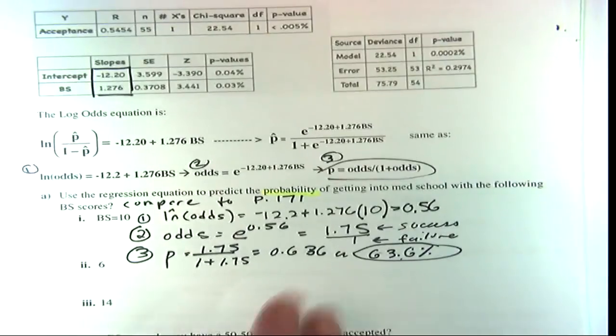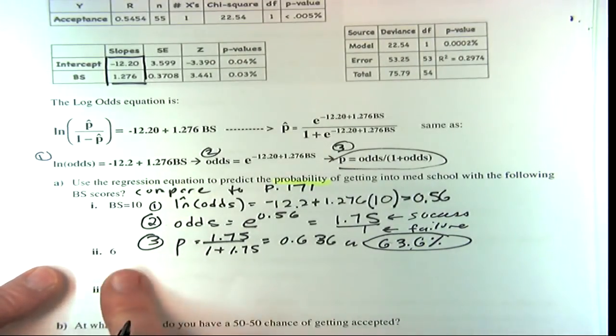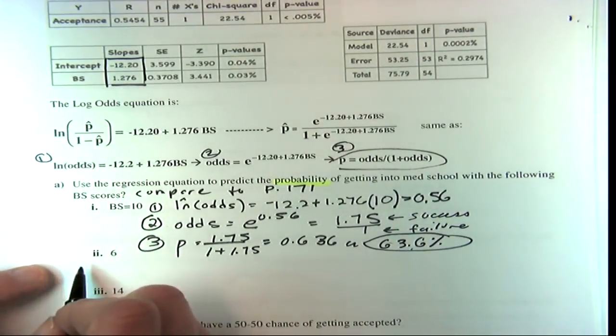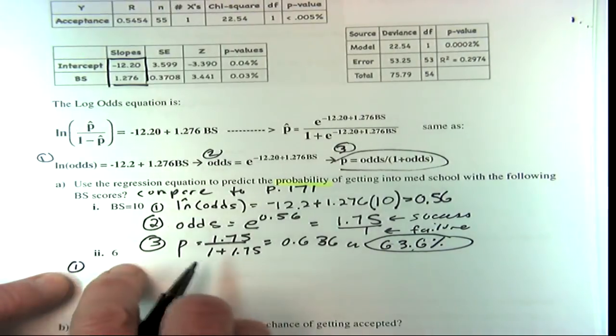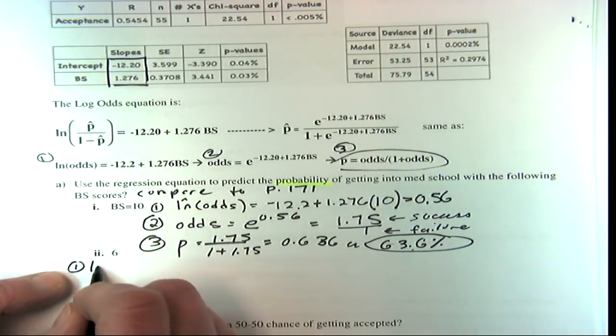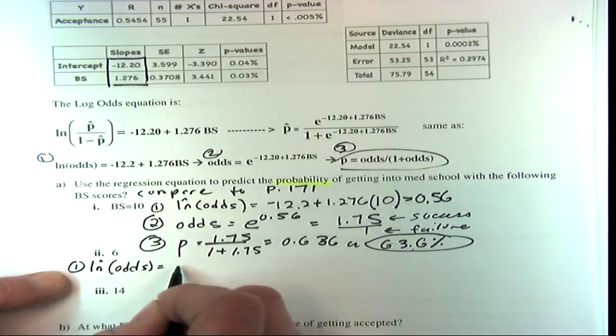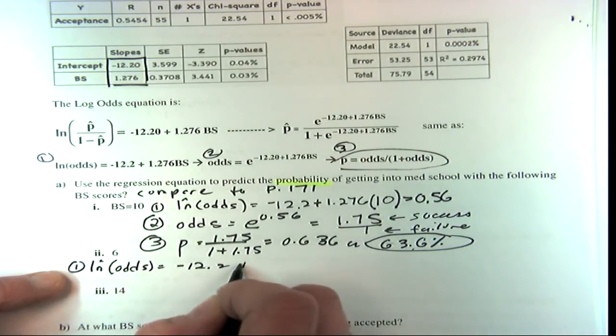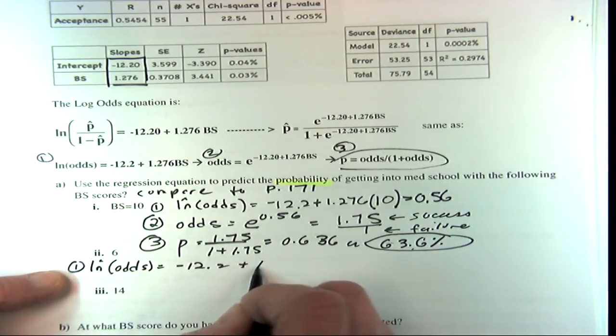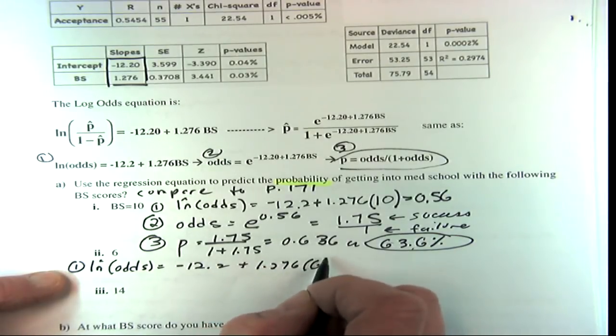All right, and you can do the same for all of them, and you'll see, like for this one, we'll just work through it. So here, our predicted log odds is going to be the same thing: negative 12.2 plus 1.276 times 6.